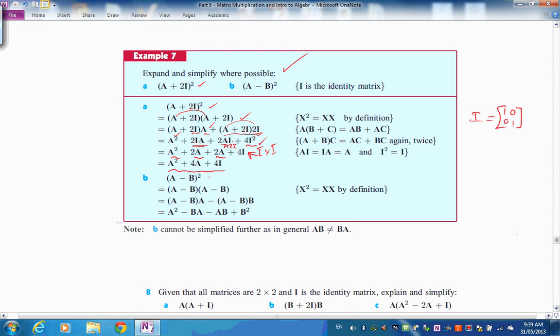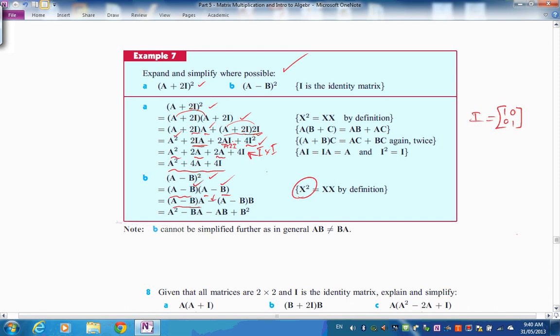Interesting stuff. Let's look at (A take B) all squared. It's (A take B) by (A take B). The idea here is that the definition of a square in matrix land is the same thing. It's repeated multiplication by the same matrix. So let's split it now. We've got (A take B) multiplied by A, and then (A take B) multiplied by B, and we've got this take sign in the middle.